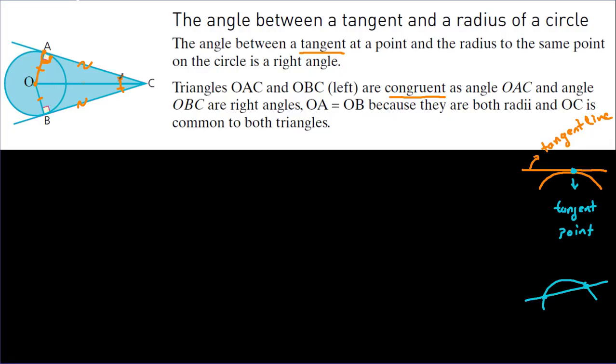And then, because they are congruent triangles, this angle here and this one, I'm going to use a different color, this angle and this angle are going to be equal to each other also. If this is A, this is A also, and if this is B, this is also B, it has to be.